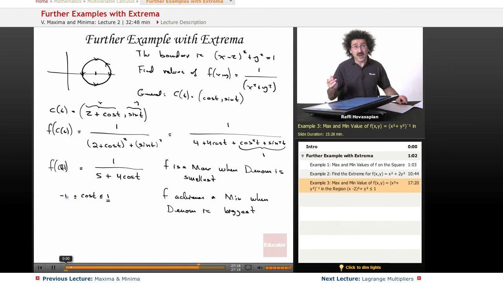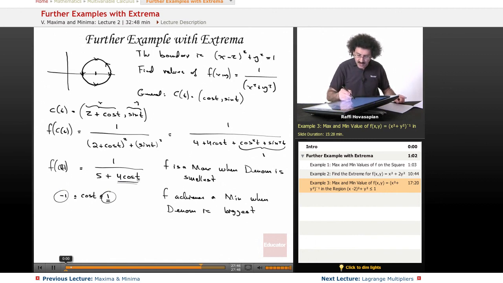It ranges between -1 and 1. Therefore, cosine of t equals 1 when t equals 0. So we want this value here. We want to achieve the biggest and the smallest value. Well, we want it to achieve 1, and we want it to achieve -1. Okay.